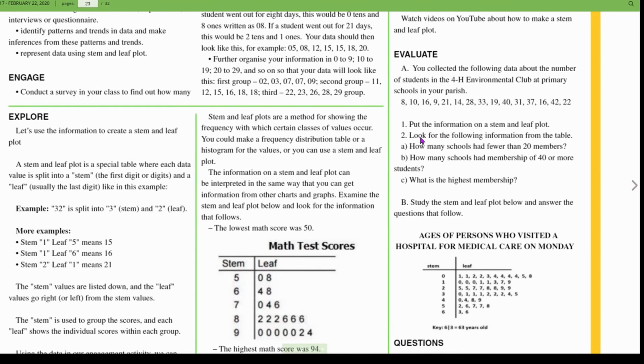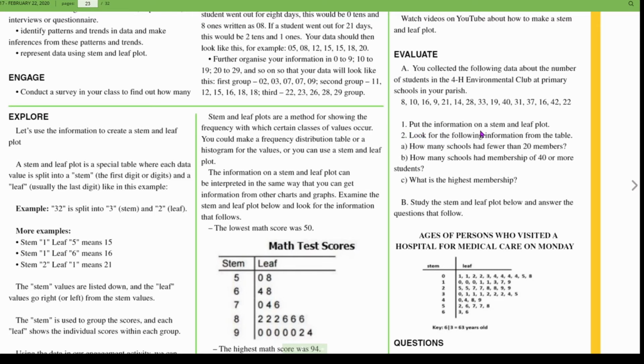Evaluate. A. You collected the following data about the number of students in the 4-H environmental club at primary schools in your parish. 8, 10, 16, 9, 21, 14, 28, 33, 19, 40, 31, 37, 16, 42, 22. 1.